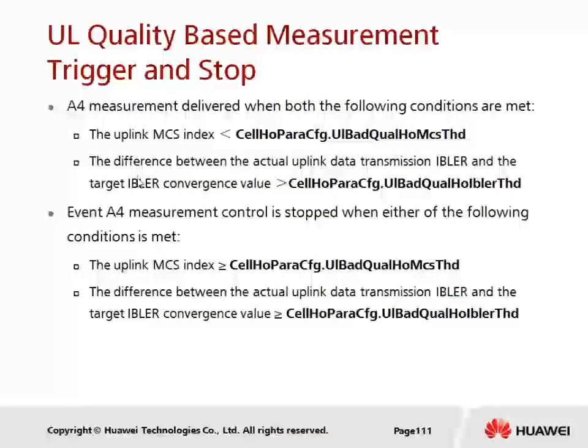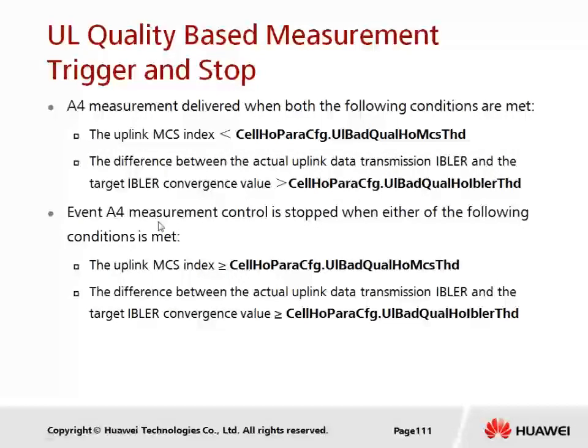At the same time, the difference between the actual initial block error rate and the target initial block error rate convergence value is greater than the uplink bad quality handover initial block error rate threshold. If the difference between the target and the actual block error rate is large, then the user might be having a very poor uplink quality. If these two criteria are met, then the user will receive the order of measurement gap.